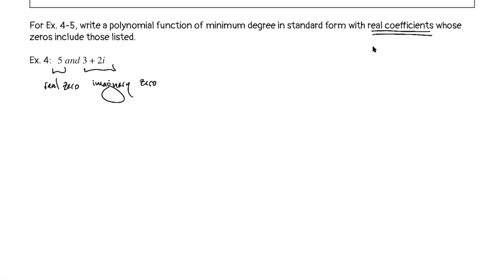But as Eric's question was just getting at, if we have one imaginary 0, we actually also have a second one guaranteed. And here's what the second one is. If 3 plus 2i is a 0, then 3 minus 2i is also a 0.